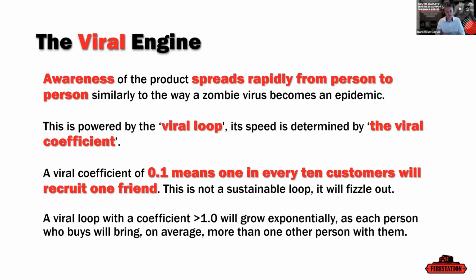So in other words, every customer will bring at least another customer to you, if not more. And obviously the higher that coefficient, if it's 2, then 1 customer will bring another 2 customers. And that's just gold. And again, you can measure this, and you can do things to enhance it.